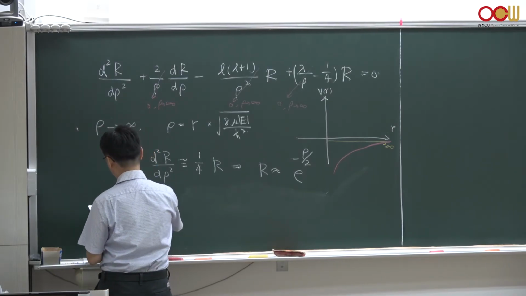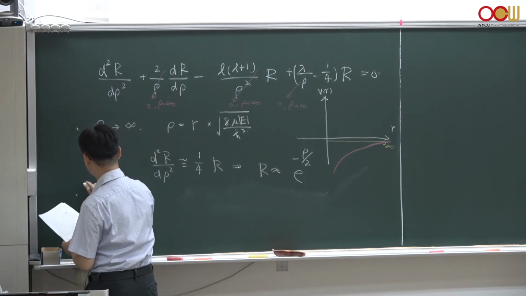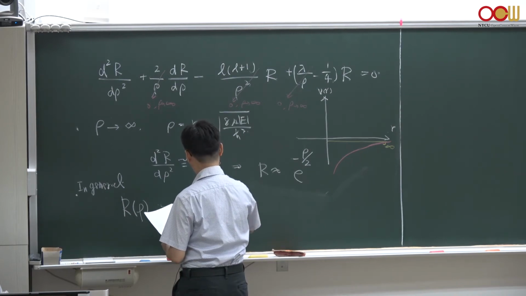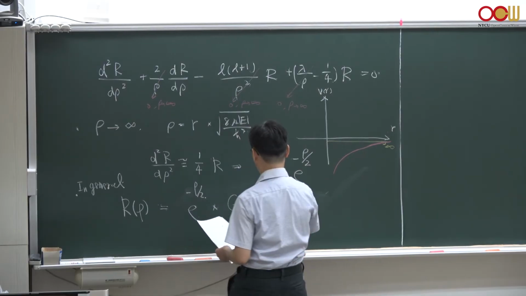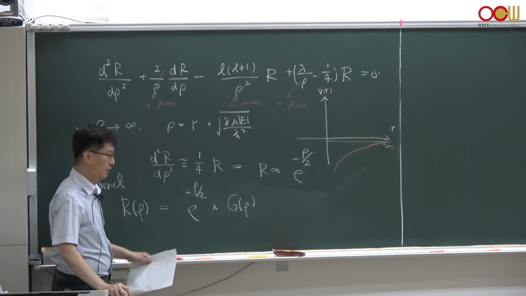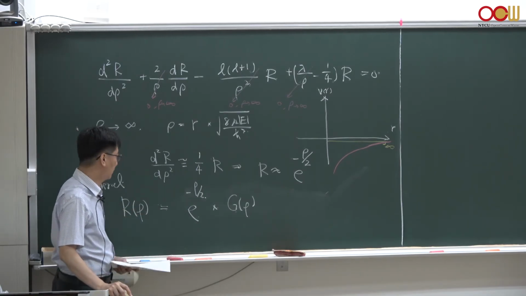So in that case, capital R as a function of rho is given by the product of this limiting case solution and another unknown function, which we call capital G as a function of rho. This is the game that we played. Remember that when we studied the harmonic oscillator problem.